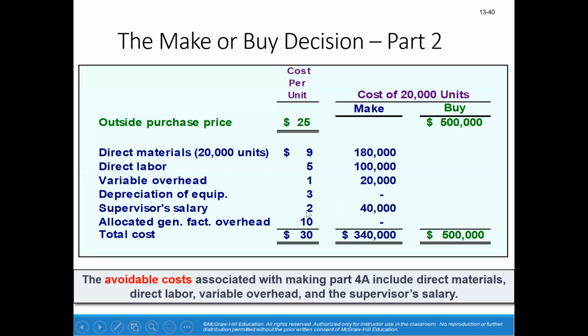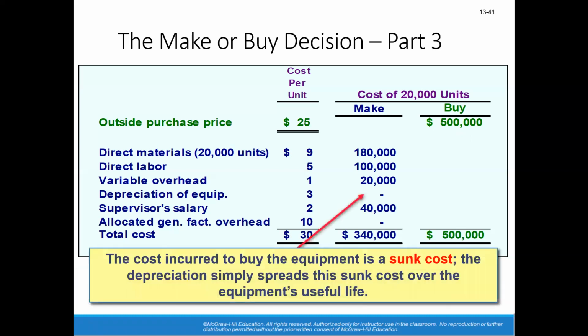See how the avoidable costs associated with making this would be the direct materials, the direct labor, and the variable overhead, along with this supervisor salary. The cost incurred to buy the equipment has already happened, therefore it's sunk.